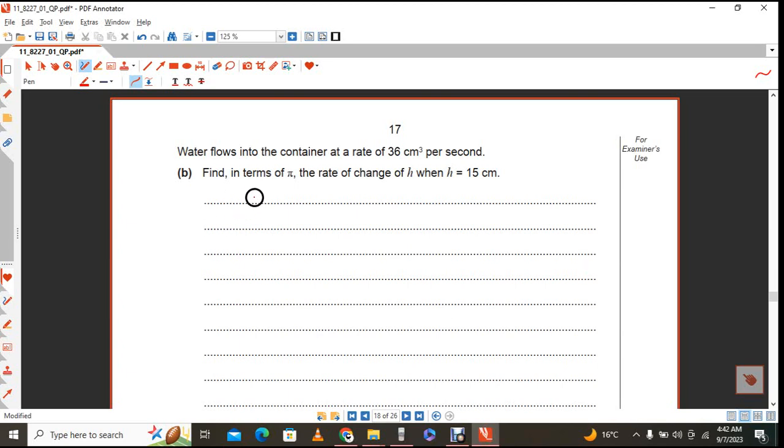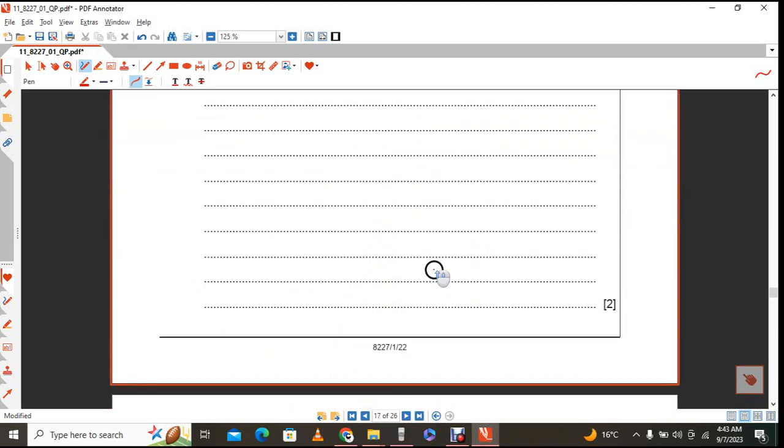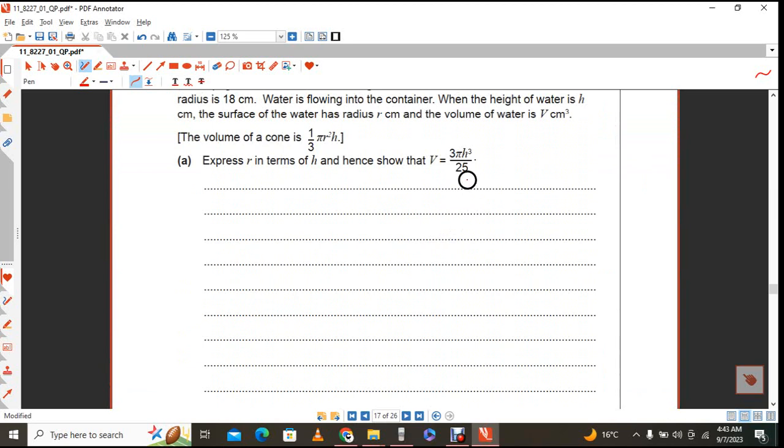Again, we know that the water flows into the container at a rate of, so this is dV/dt, which is 36 cubic centimeters per second. Okay, and then we also know the volume of a cone. From our previous answer that we were supposed to show, obviously it disappeared, but if you follow the video you will see.